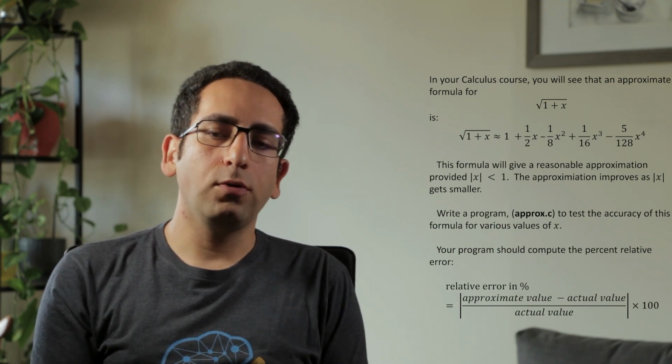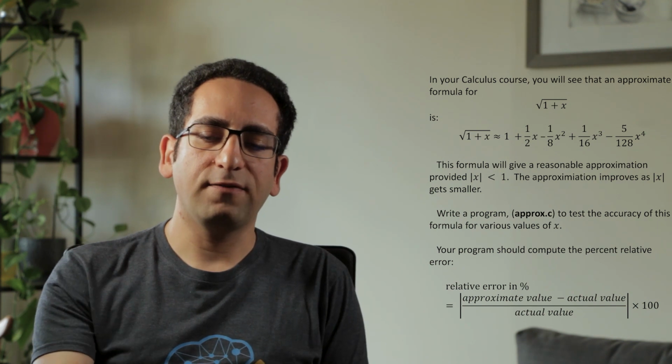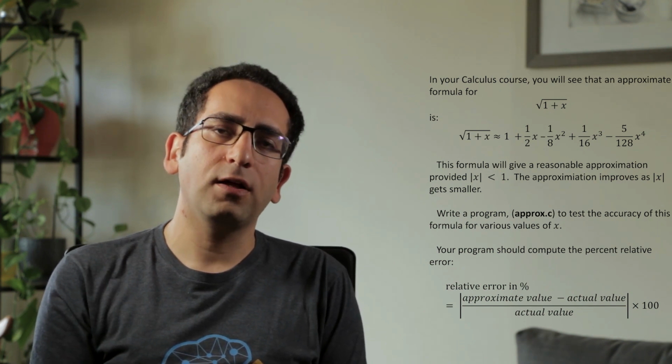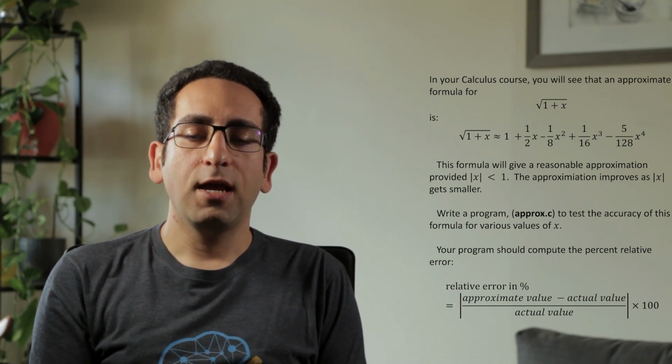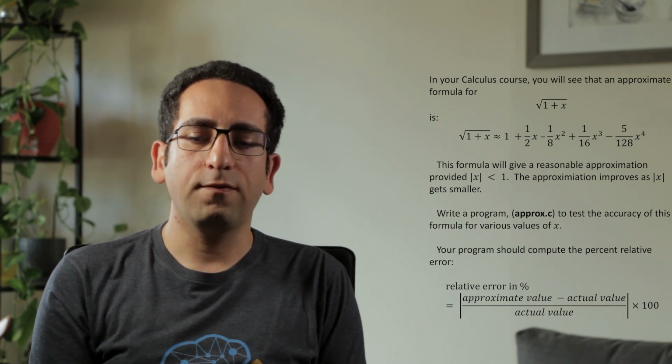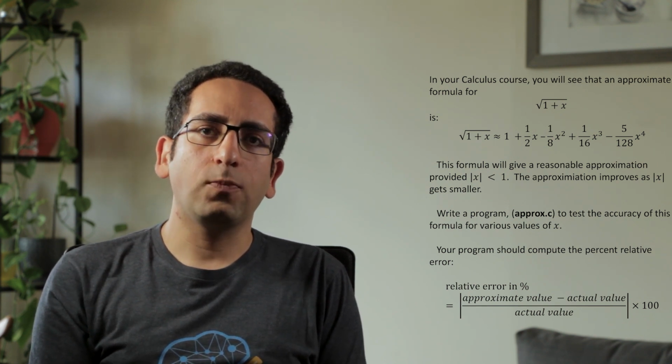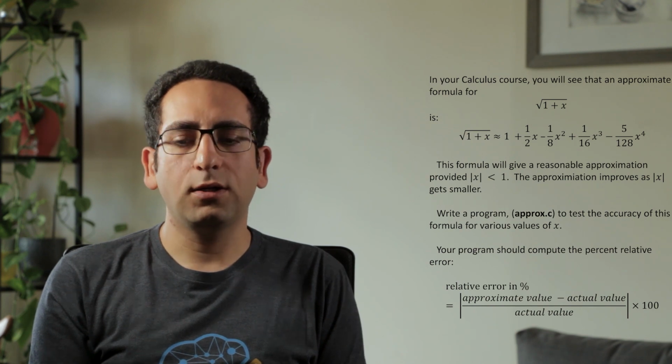Your program should compute the above relative error. So the formula for calculating relative error is also provided by the question, and we can use it to see the percentage of the error. Our input and output should look like what you can see now on the screen.